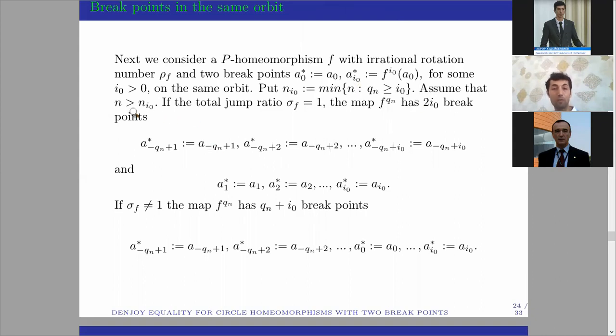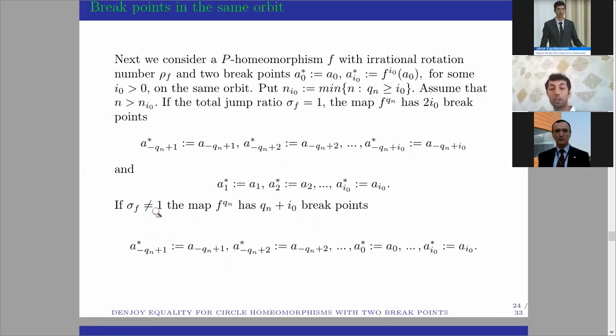And assume that n is bigger than ni0, then the total jump ratio sigma is equal to 1. And clearly FQN has 2 I0 breakpoints when they are in the same orbit. And here they are given, all breakpoints when they are in the same orbit.